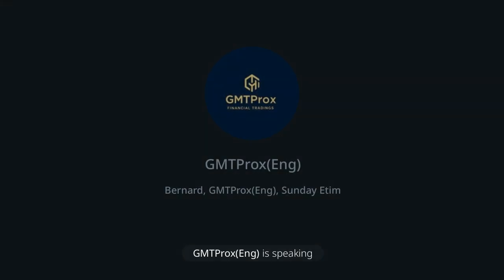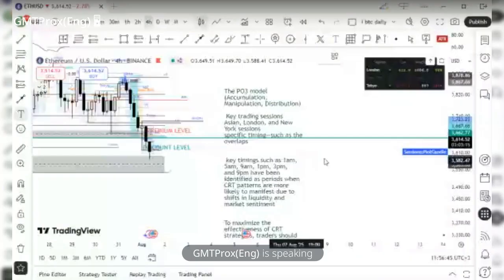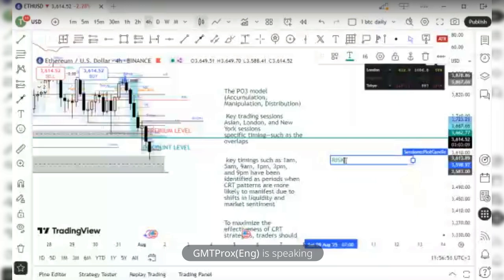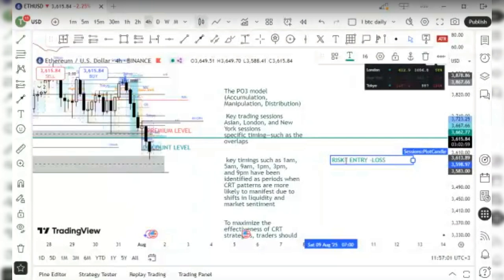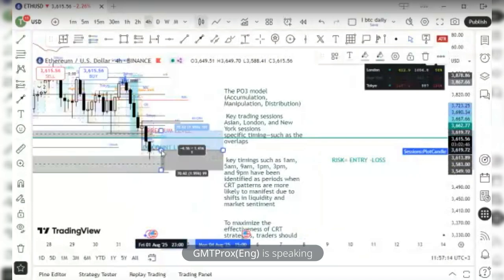So for you to calculate the risk, do this. Risk is equal to entry minus stop loss. For example, let's assume I take my entry maybe around here, and my stop loss will be below this low here.